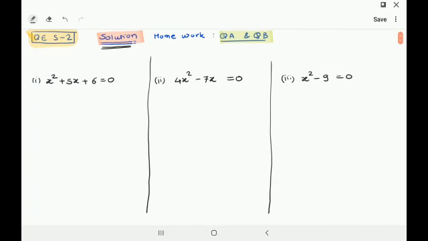There are two methods of solving quadratic equations. One is factorization and the second is the formula method, the quadratic formula method. Only two methods. Once we learn these two methods, that's it. Topic is done.